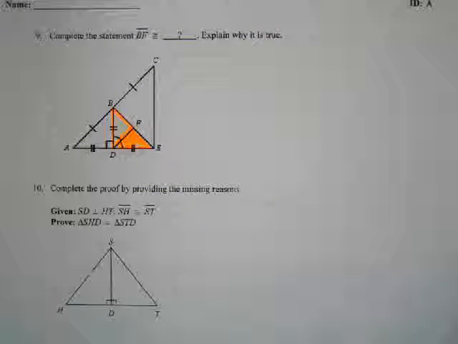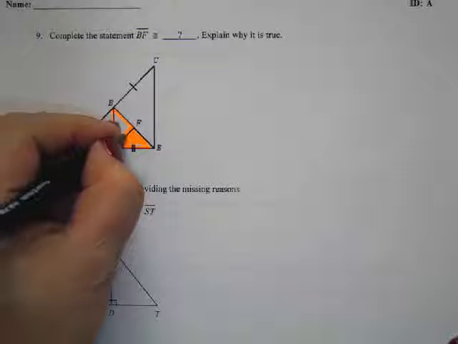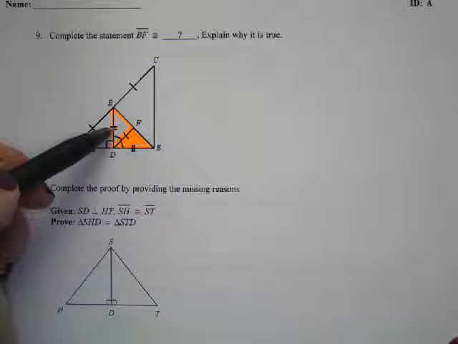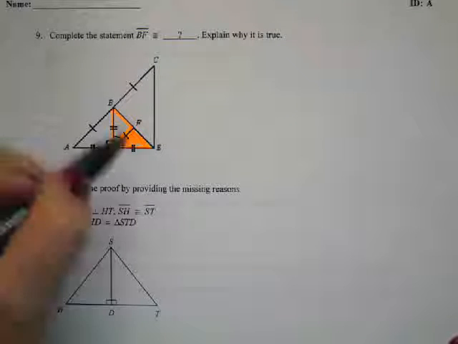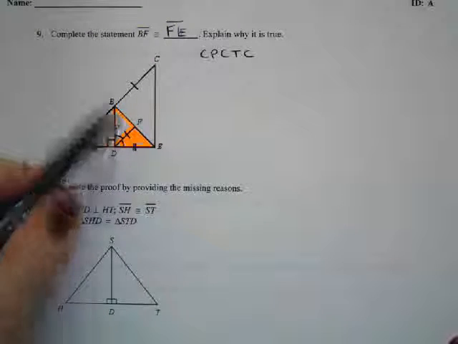So these two triangles have a pair of congruent angles, and they have a shared side. So these two triangles would be congruent by side angle side, and then FE would be congruent to BF, and that's our CPCTC. So these two triangles are congruent, therefore the remaining parts are congruent.